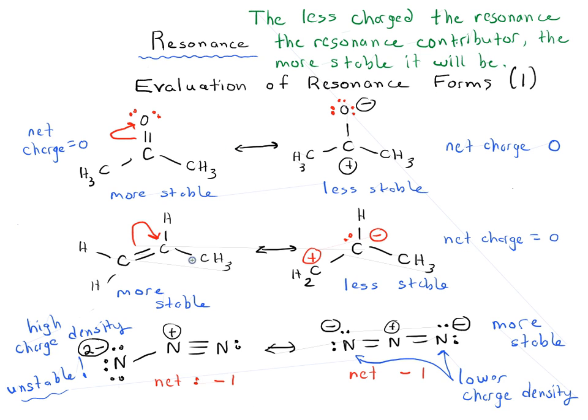Okay, so minimizing charges when possible. So obviously neutral is going to be more stable than a species which bears positive charges. And if you have a choice between having a charge of -2 on one atom versus spreading that -2 charge over two individual atoms, then that is going to be a more stable situation.